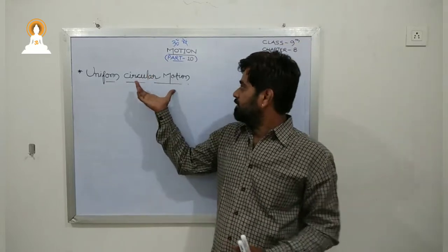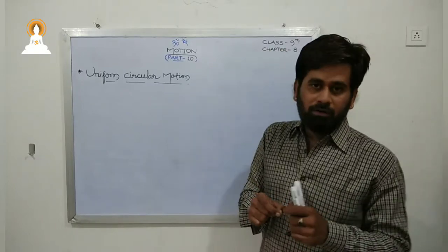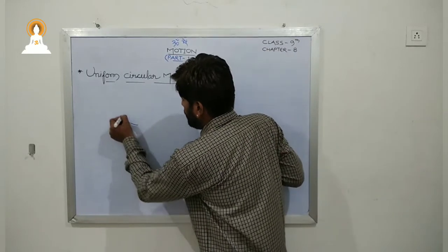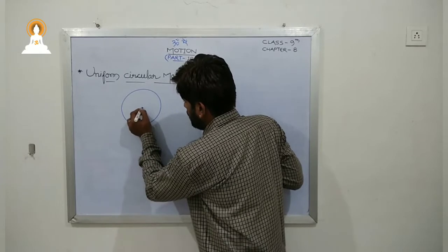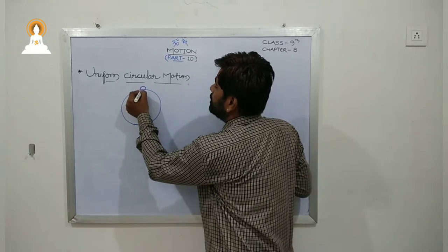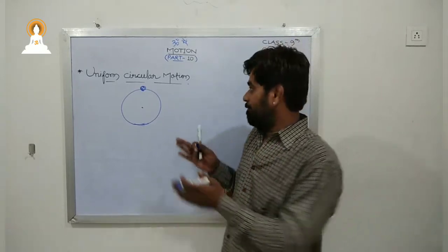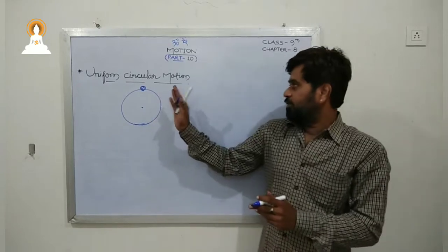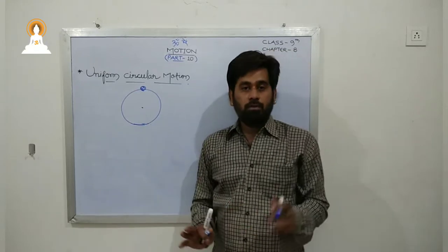When an object moves in a circular path, with a proper radius from a particular center, then we say that the object is performing a circular motion. Now when that object covers equal distance in equal intervals of time in this circular path for different positions, then we will say that the object is performing a uniform circular motion.